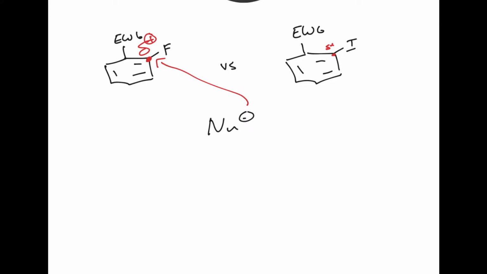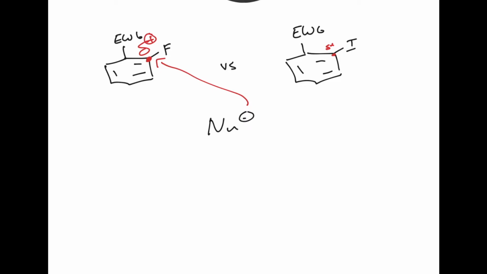So even though fluoride is a trash leaving group, it goes faster because what determines how fast this reaction is isn't how easy it is for the halide to be knocked off. Instead, what matters is how quickly the nucleophile adds to that carbon, right?